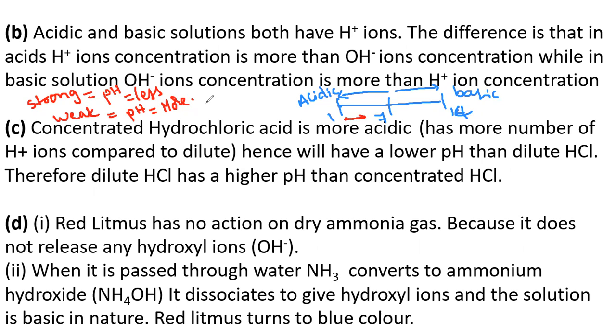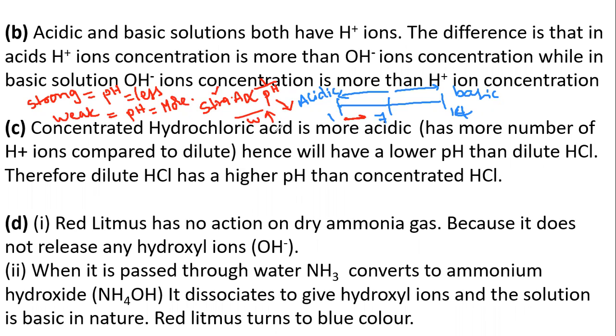You remember, the strength of acid is inversely proportional to the pH value. If you remember this, it is very easy to answer. Strong acid, less pH. If it is a weak acid, pH will increase.